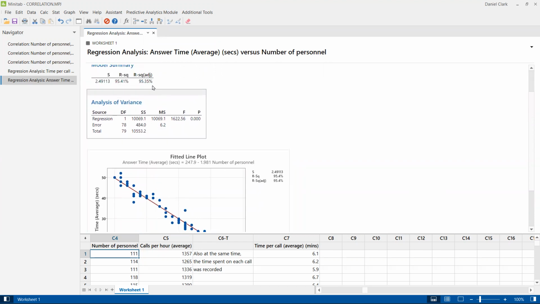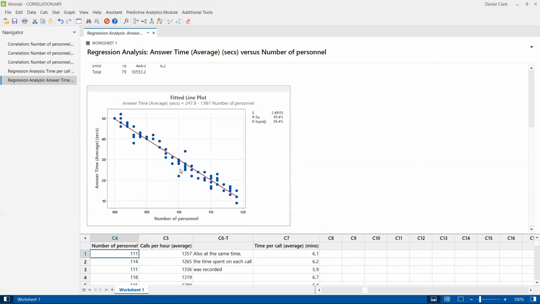With a high R squared, I can plug in the number of personnel in this equation and get a predicted answer time that's going to be pretty close to the observed answer times here. So what does this tell me practically?